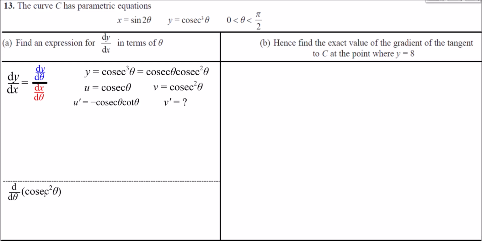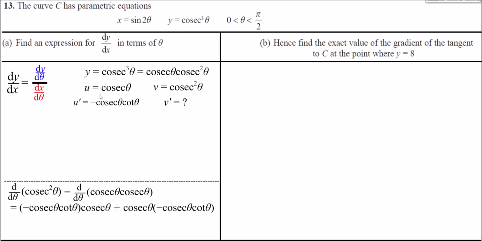So again, we can use the product rule for differentiation. If I just write this as cosec theta times cosec theta, we can now set u to be cosec theta and v to be cosec theta. If I differentiate cosec theta, I get minus cosec theta cot theta. So if I were to differentiate this, I'd differentiate the first cosec theta and hold the second cosec theta constant. So the derivative of cosec theta is in the brackets, then multiplied by cosec theta.